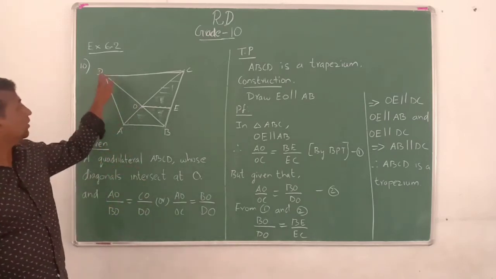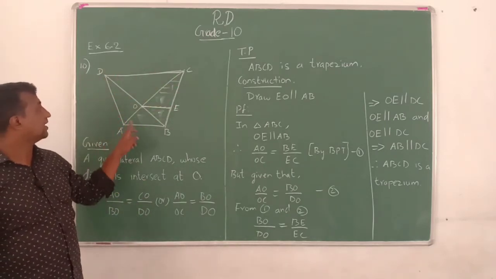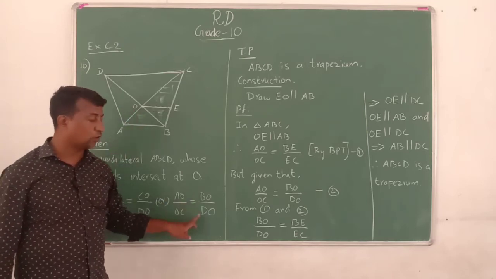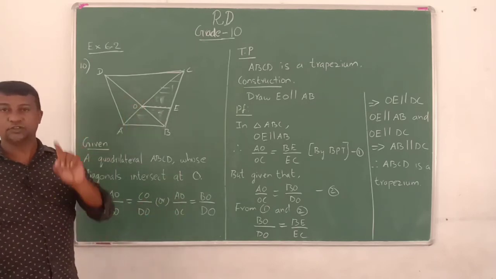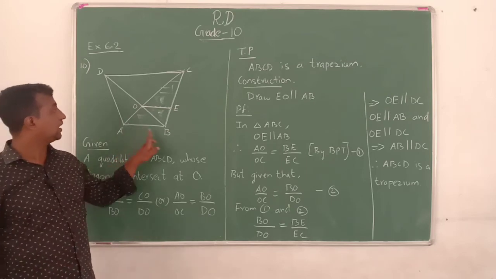They gave a quadrilateral, a four-sided figure, whose diagonals are intersecting at O, with the condition AO by OC is equal to BO by DO. We want to prove that it is a trapezium. First, we constructed OE. Then we took the triangle ABC.